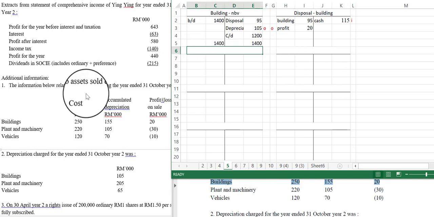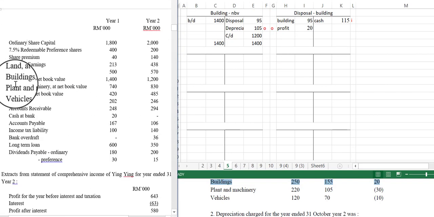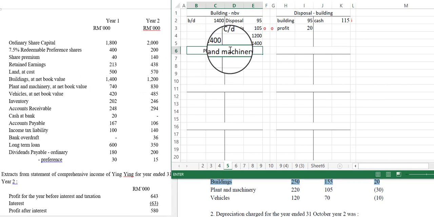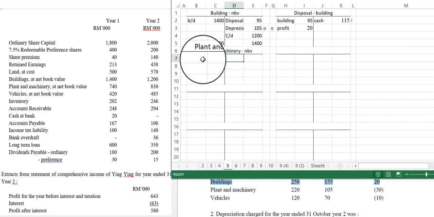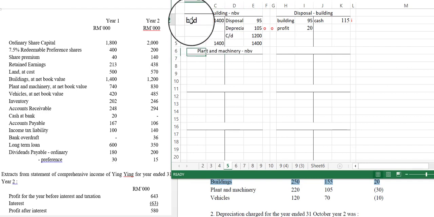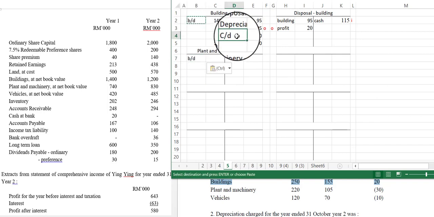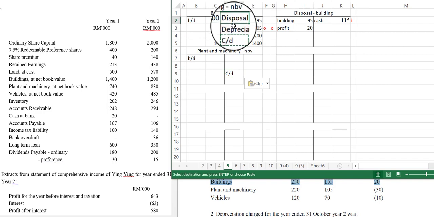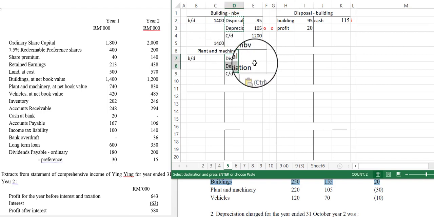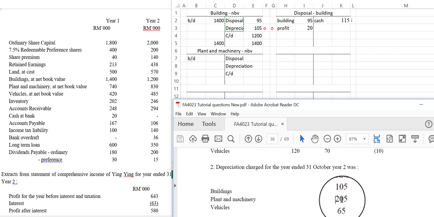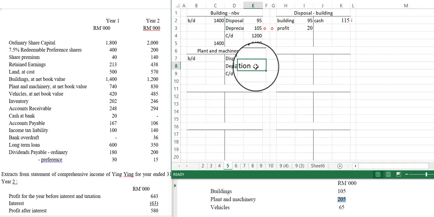Now after building, you have another one, plant and machinery, also at net book value. So here B/D, C/D, this is the same. You will have the depreciation during this year; for plant and machinery it is 205.